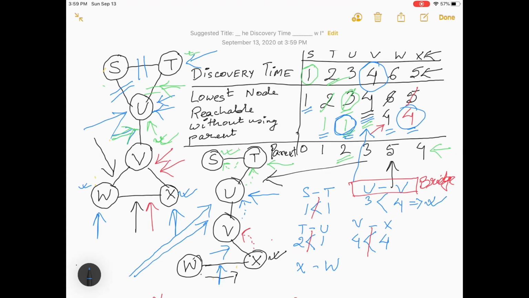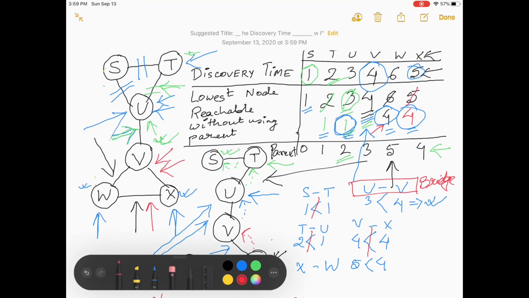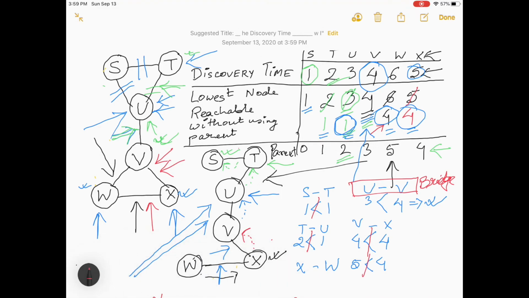The discovery time of x is 5, the earliest discovered node reachable from w is 4. Then we try to see if the condition for xw to be a bridge holds true or not, and we see no, 5 is greater than 4, so the condition does not hold true.